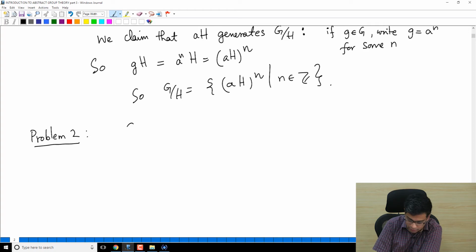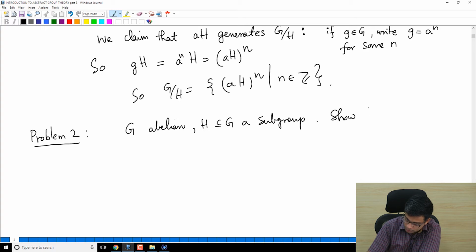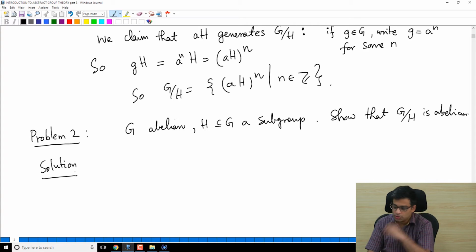If G is abelian, H a subgroup of G, show that G mod H is abelian. Okay, so as I said, this is also extremely easy. To show a group is abelian, you have to start with arbitrarily two elements of the group.